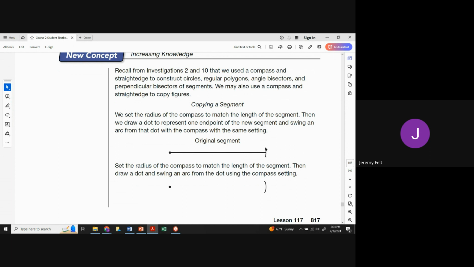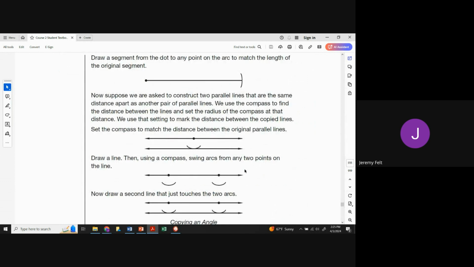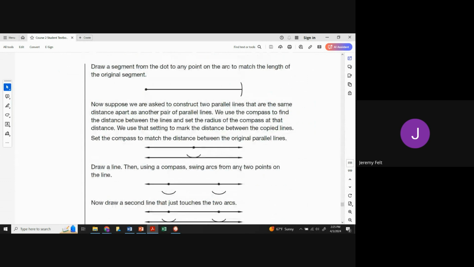It's an arc because if we went all the way around we'd make a circle, so this little section is curved. Then draw a segment from the dot to any point on the arc to match the length of the original segment.